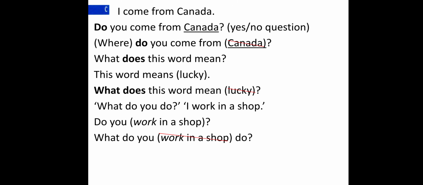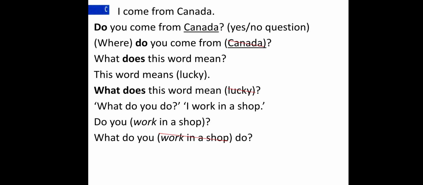What does this word mean? This is the question. If the original sentence is "this word means lucky," then to form a yes or no question, we use does, because the verb means is singular. It takes S, so we use does.